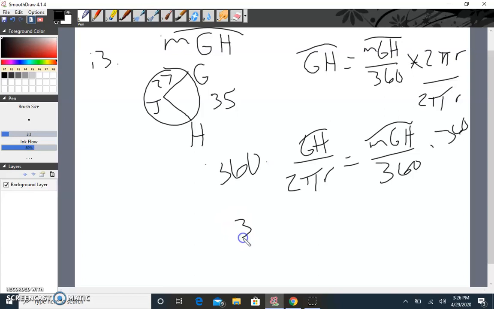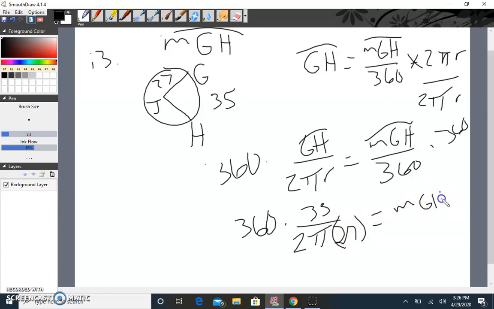So we got 360 times the measure of GH, which is 35, over 2 pi r, which is 27, equals the measure of the angle GH.